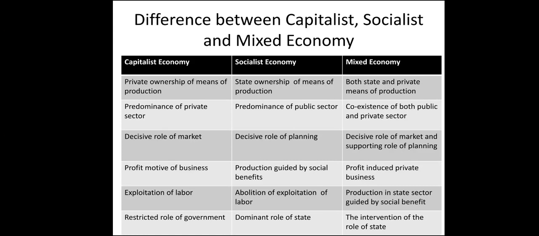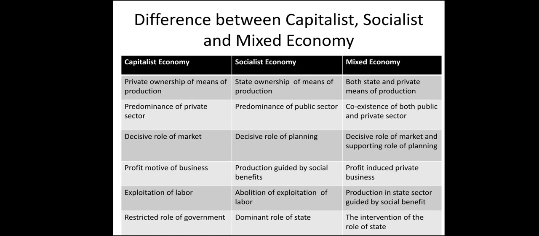So the capitalist economy says that there is private ownership of means of production, while socialist economy says that there is state ownership of means of production. And in mixed economy, it is both state and private means of production.